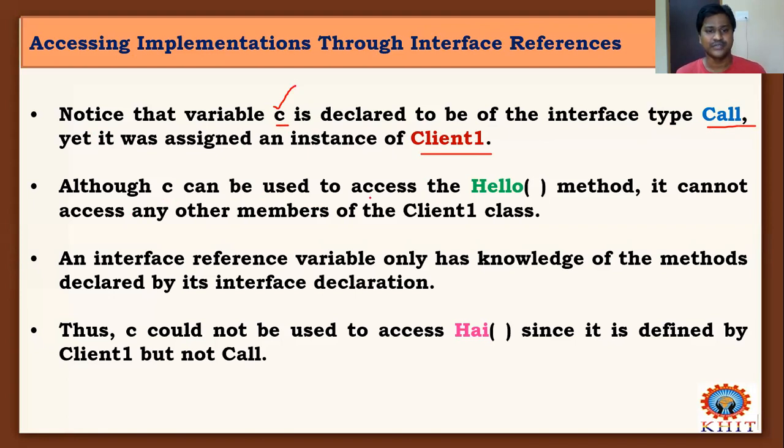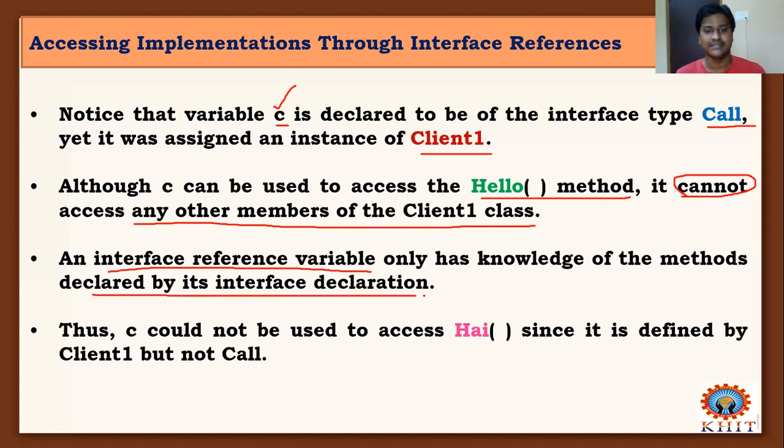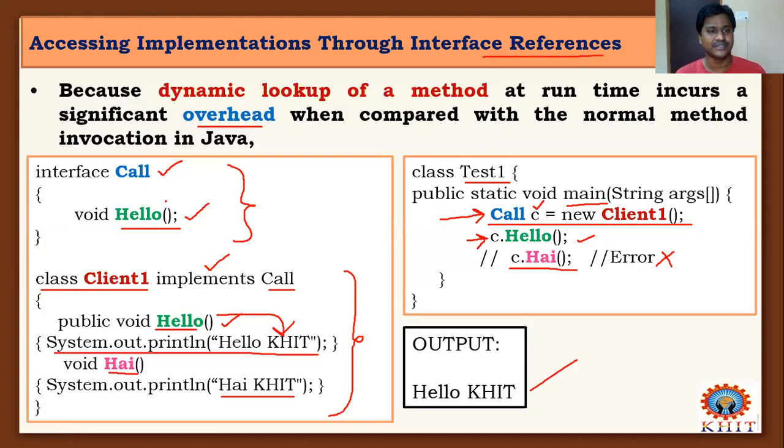Although C can be used to access the hello method, it cannot access any other members of the client1 class. Next, an interface reference variable only has knowledge of the methods declared by its interface declaration. Whatever is declared in the interface, that is the hello method here, will be implemented in the classes which implement this interface.